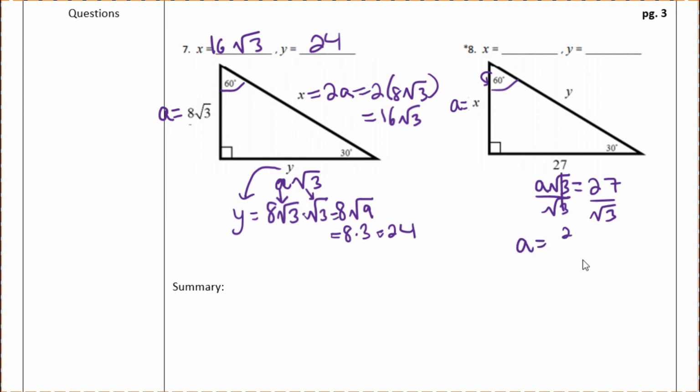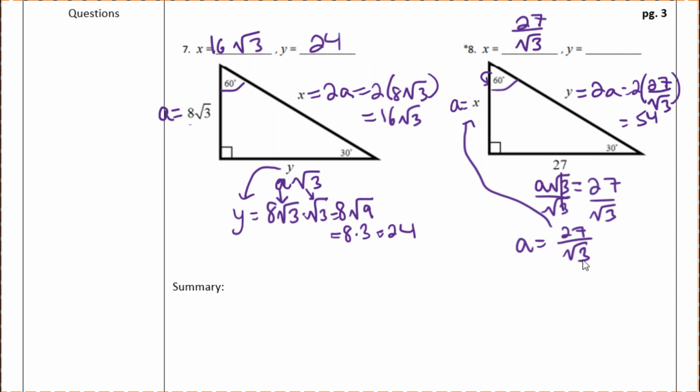So a is 27 over radical 3, which means that's what x is. And then y is 2a, which is double whatever x is. So x is 27 over radical 3, so y is 54 over square root of 3.